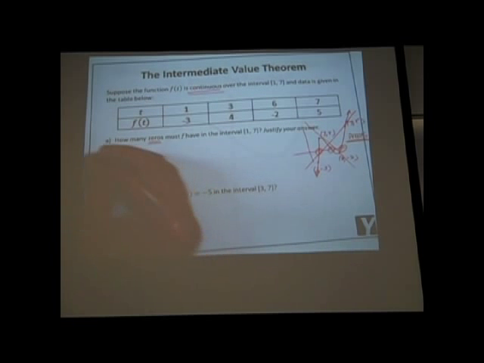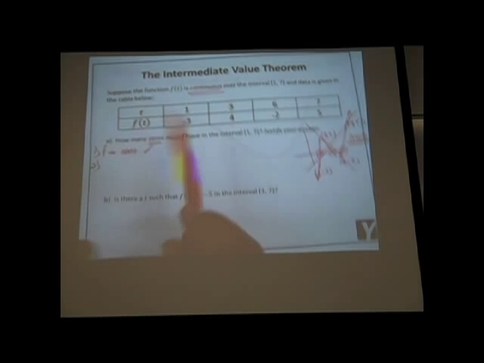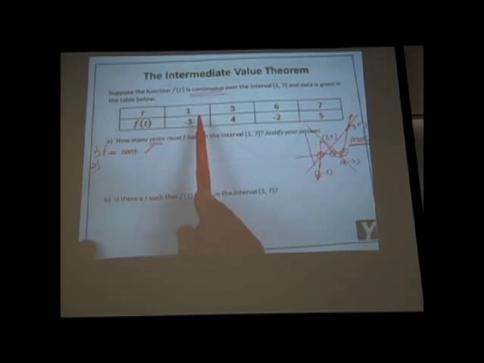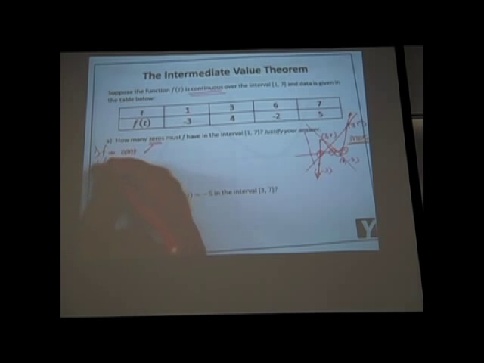But here's what we do. 1, we state f is continuous. How do we know that? Well, it was given. F is continuous. Given. Second, where do we expect there to be a root? We expected a root between these 2 points. Why? Because at f of 1, it's -3. Because at f of 3, the value of the function is equal to 4.